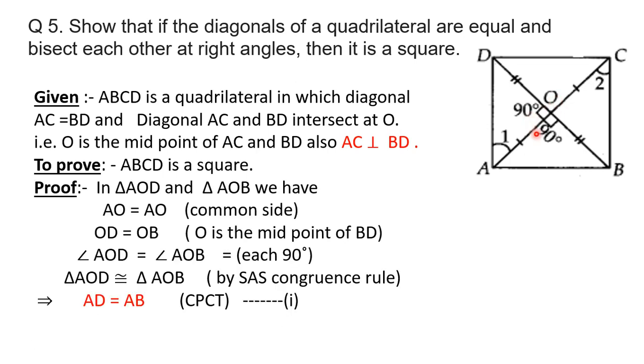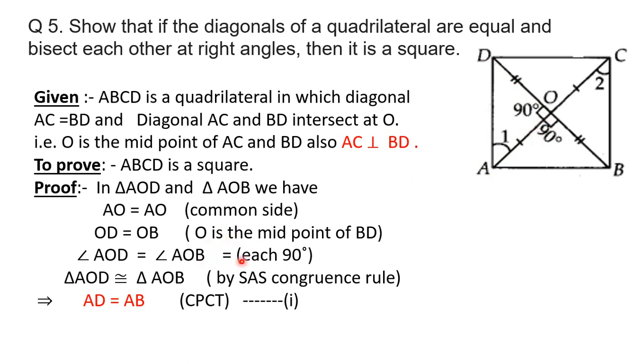For proving this, we take the triangle AOD and the triangle AOB. These two adjacent triangles we are taking, and we will prove these two triangles are congruent. How? This line AO is common for both the triangles. OD and OB are given equal, and angle AOD and angle AOB are given 90 degrees.